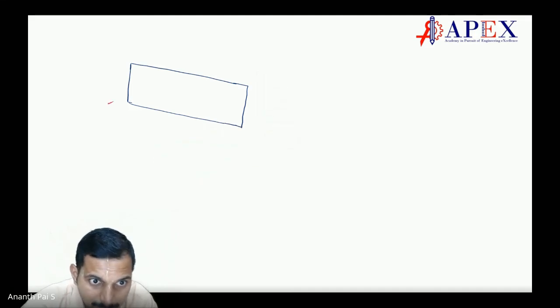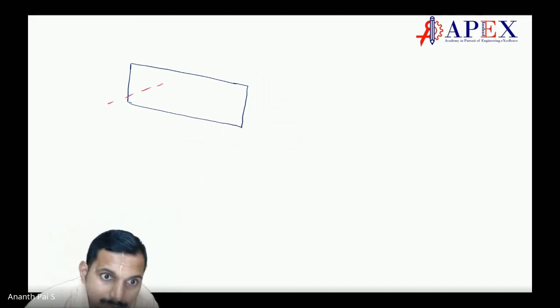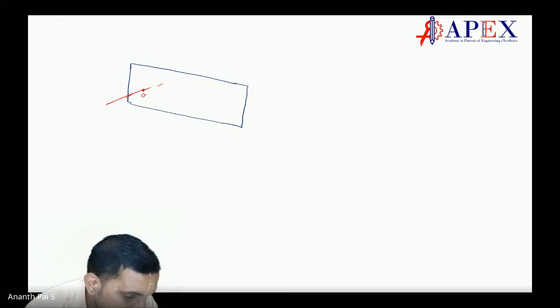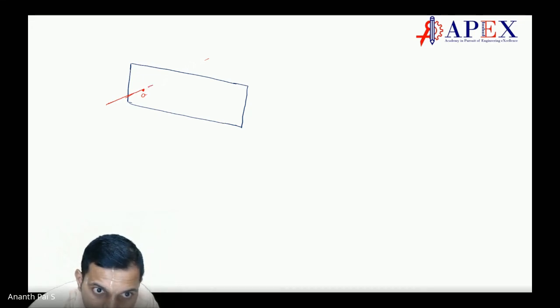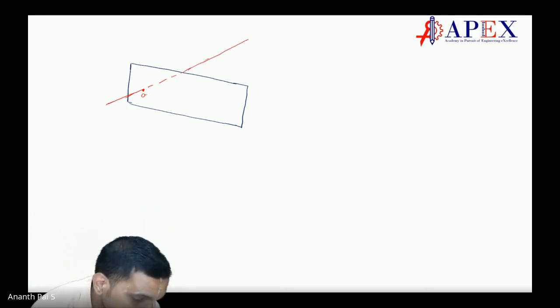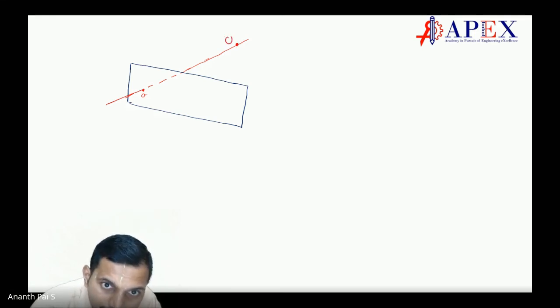Let us have an axis BB going to this point A. It goes inside and then comes out on the other side. Then let us take a point O here and say this is the same BB.